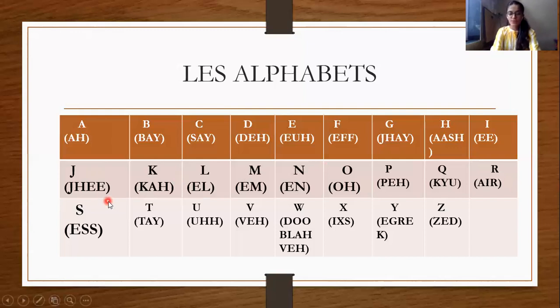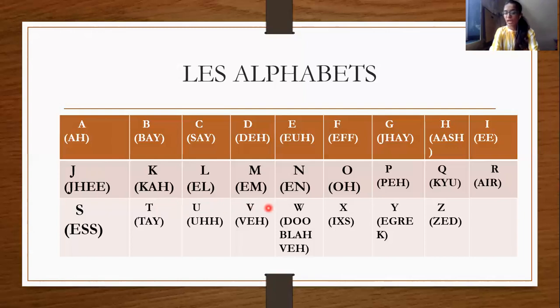The next one we have is S, just like English. The letter T is pronounced as te. The letter U is pronounced very similar to the English one, you, just a slight sound at the end.